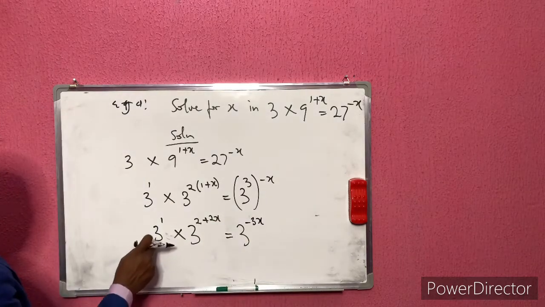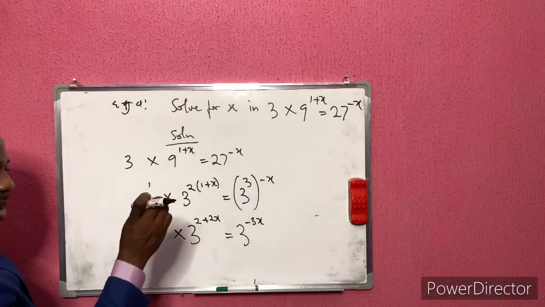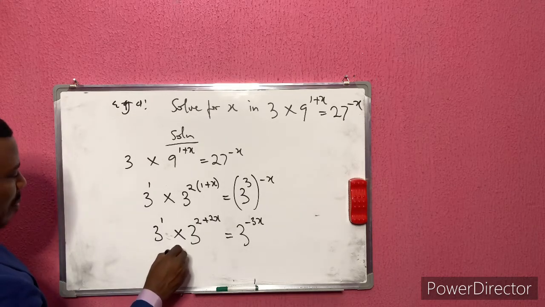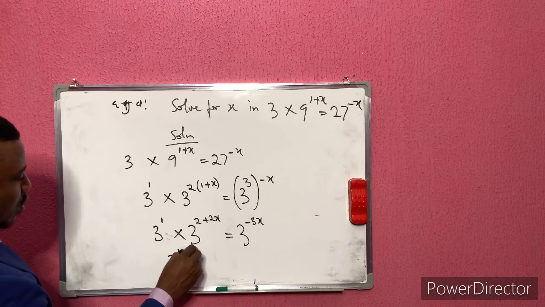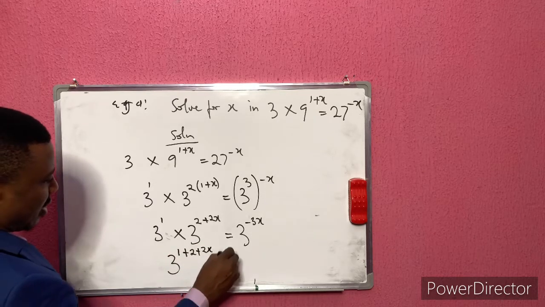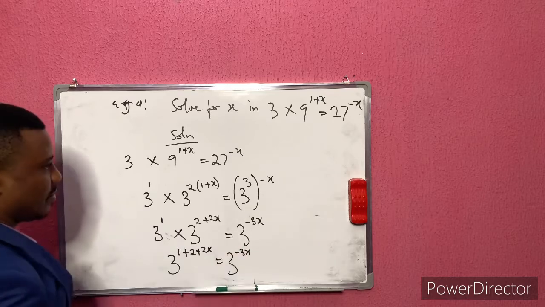Remember, they have the same base, so we add up the powers. 3 is the base, 1 is the power, plus 2 plus 2x equals 3 to the power minus 3x.